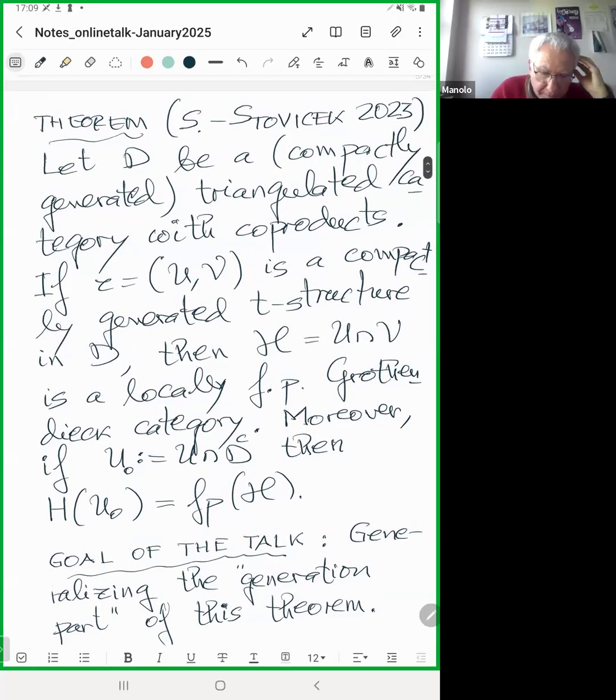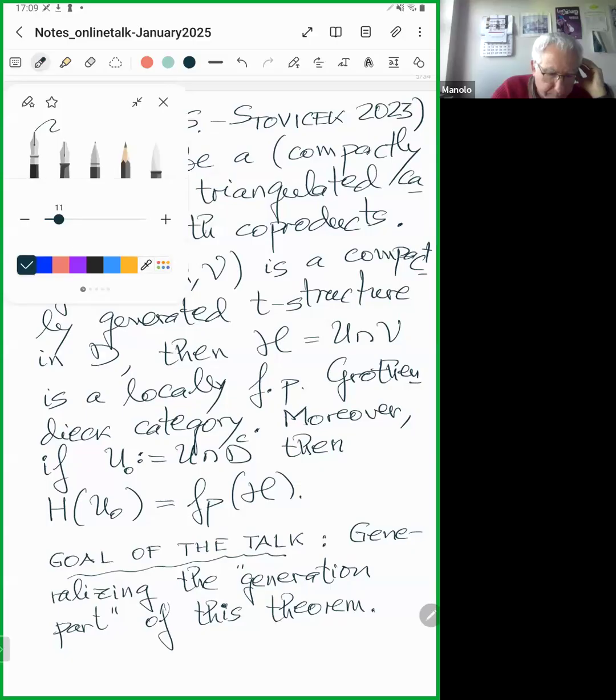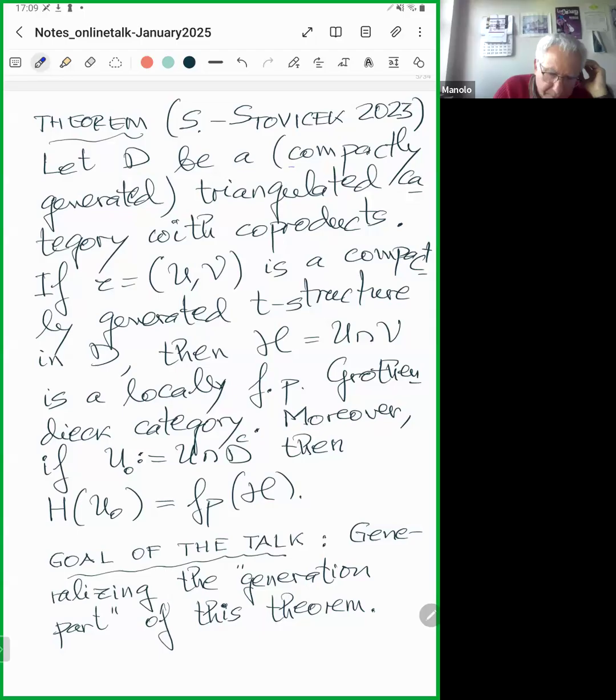You see between brackets "compactly generated" here, a condition which you can put without any harm.